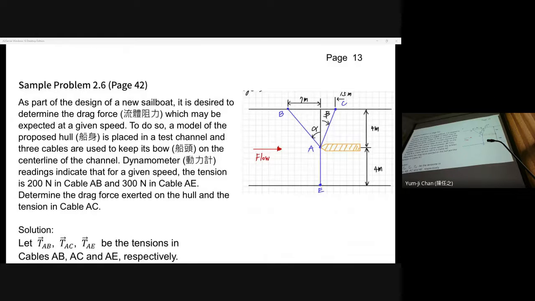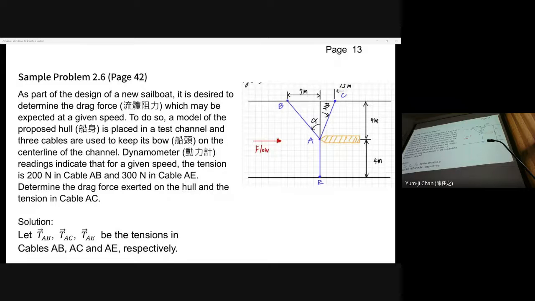And this one is a test channel, and we have flow here. So we have water flowing in this direction.